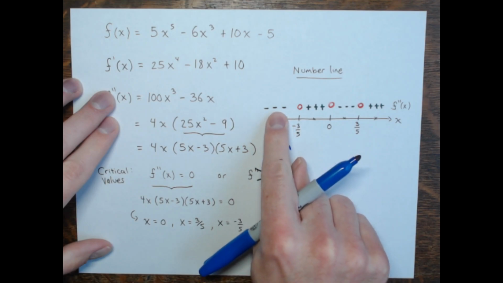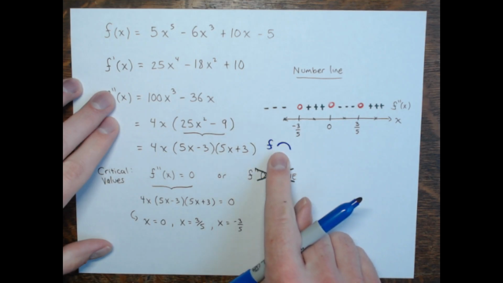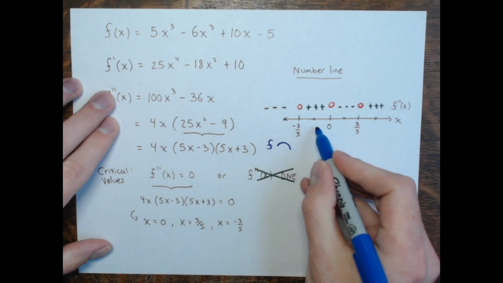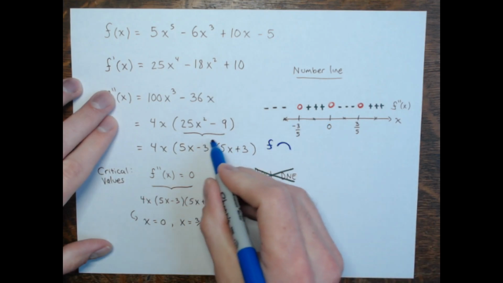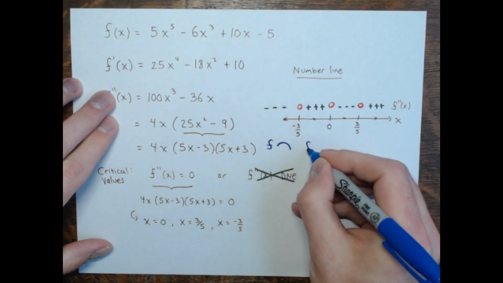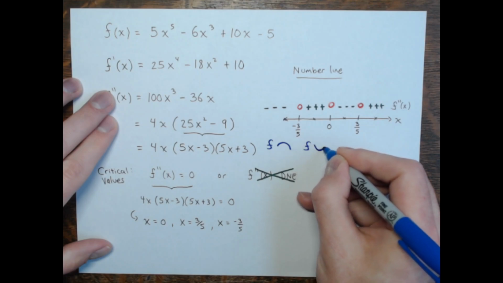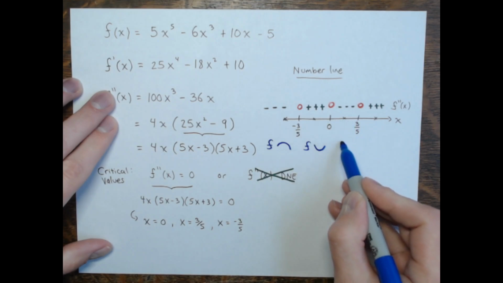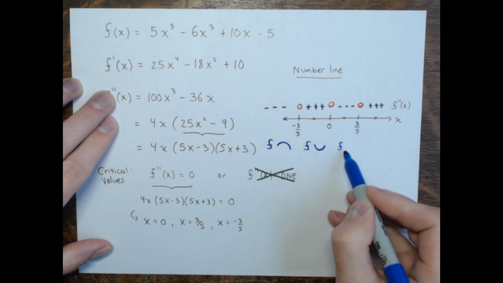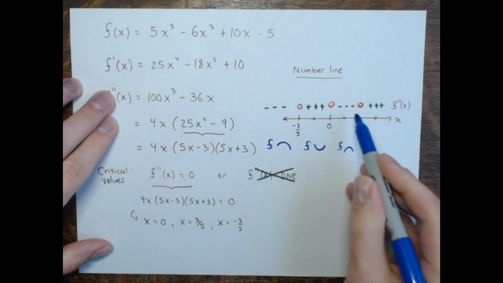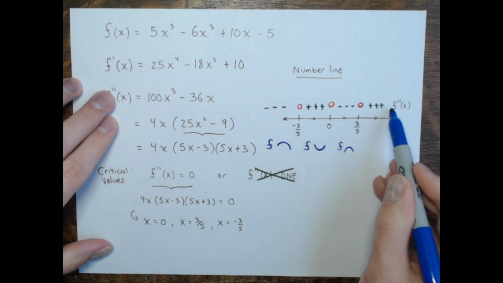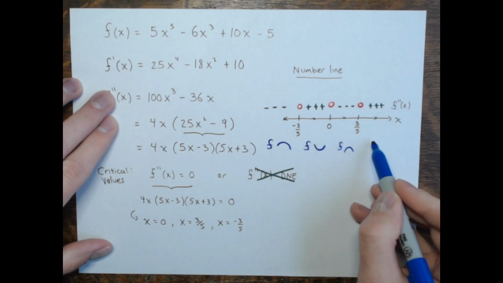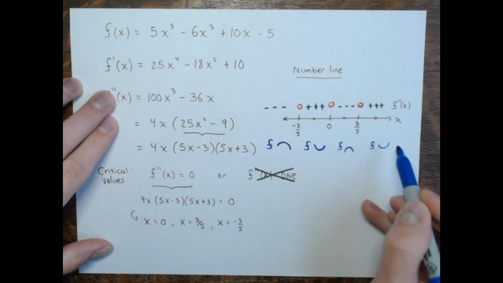You got negative second derivatives, so f's going to be concave down. Then between -3/5 and 0, there would be a positive second derivative, so f is going to be concave up. And then between 0 and 3/5, got negative second derivative, so f's going to be concave down. And then positive second derivative to the right of 3/5, so from 3/5 onward, f's going to be concave up.